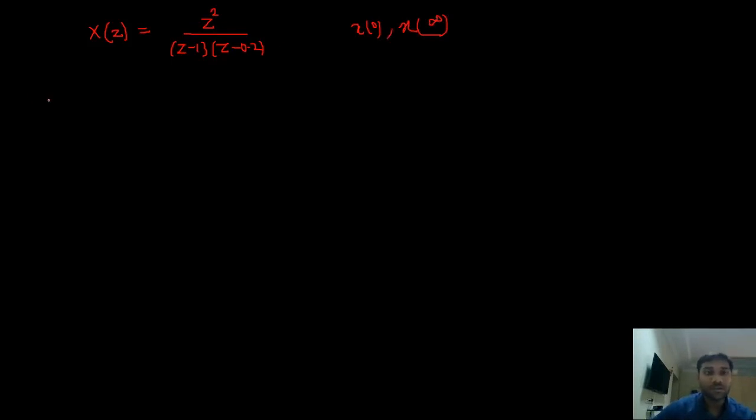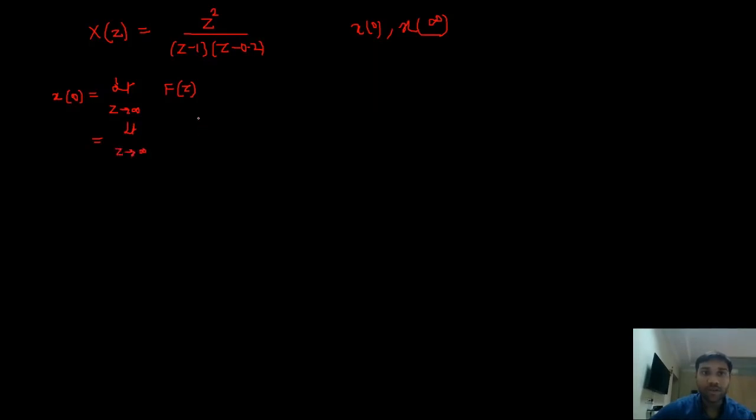So what is the initial value theorem? It is nothing but x of 0 is equal to limit z tends to infinity f of z. This is the initial value theorem. Now limit z tends to infinity.